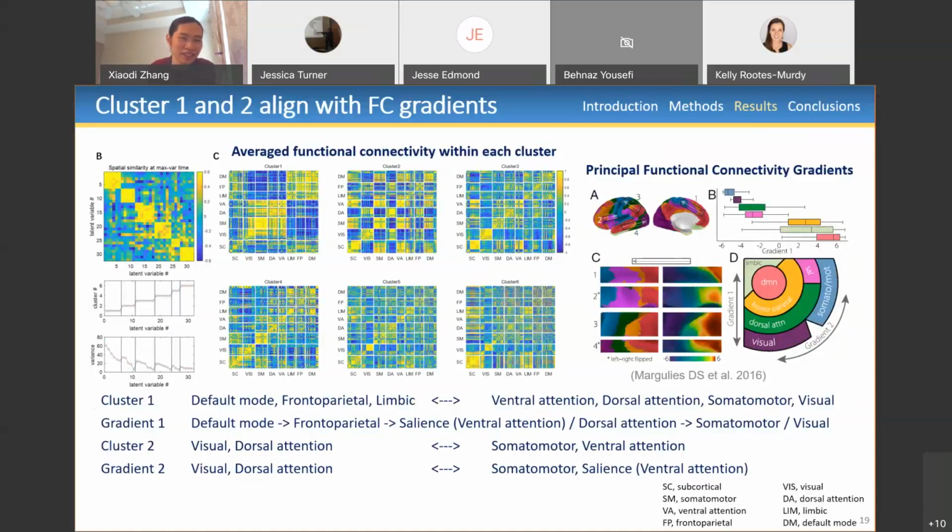And here in our case, the functional connectivity in cluster 1 and cluster 2 seems to match the patterns seen in the functional connectivity gradient quite well. These two methods are quite different from each other, but the results seem to be in agreement with each other. So I think this might actually suggest our brain works this way. But who knows?